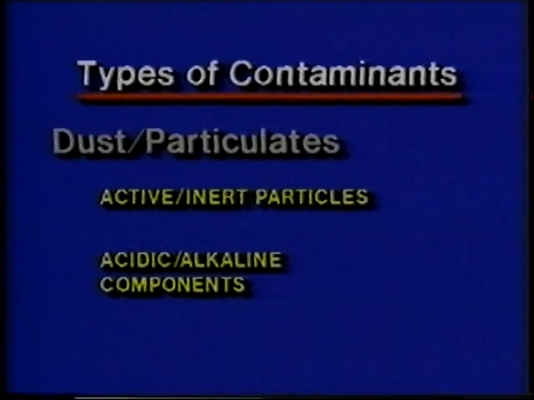Even if the dust and particulates that form on the surface are innocuous and don't really dissolve, giving us alkaline or acidic conditions, they still promote condensation more quickly than we would have on a smooth, clean surface. So we can either have active or inert particles, which will both contribute to the corrosion. The particles themselves can give off acidic or alkaline components. So the types of debris that form on the surface are extremely important to us.